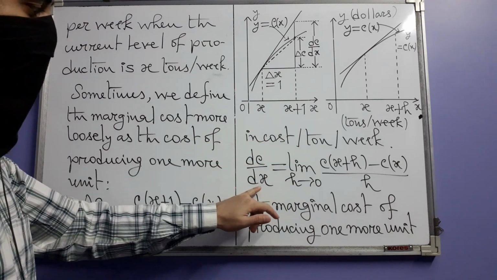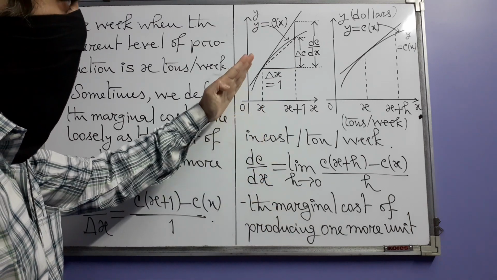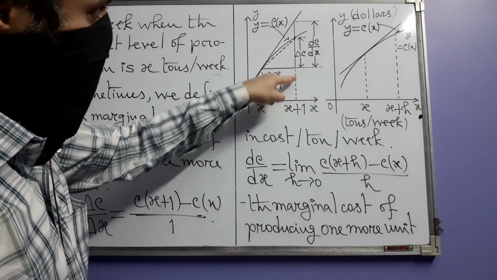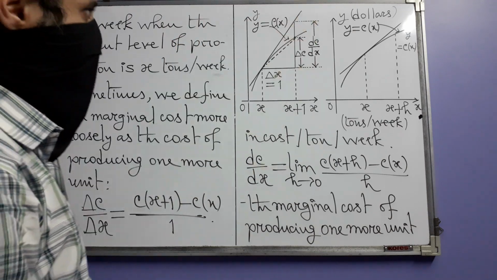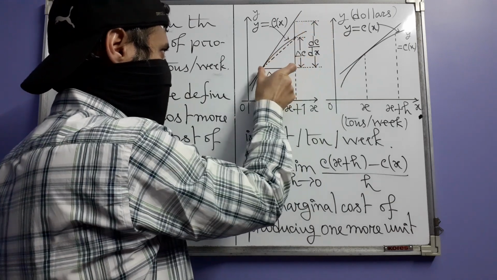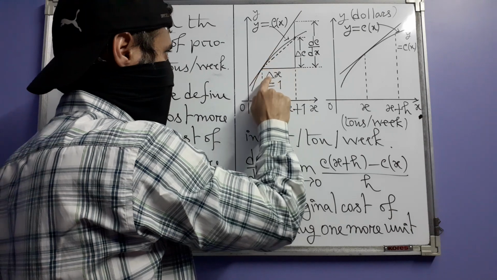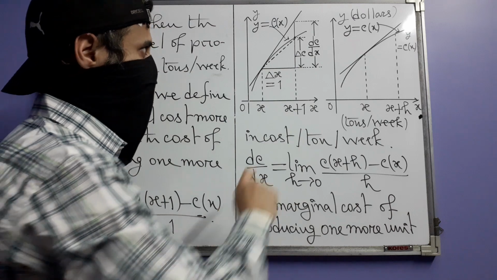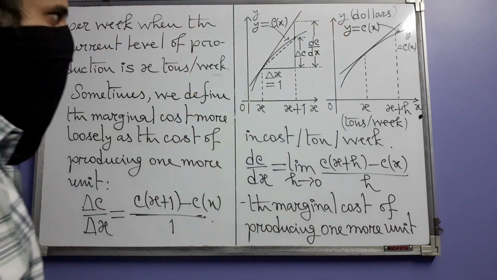So by definition, the dC dx, your marginal cost at the level of production X, is the slope of this tangent. Now if you extend this vertical line to join the tangent there, then the slope of the tangent is this length divided by this length, because you have this right angled triangle. However, this length is 1. So that just becomes this length. So this length is your dC dx.